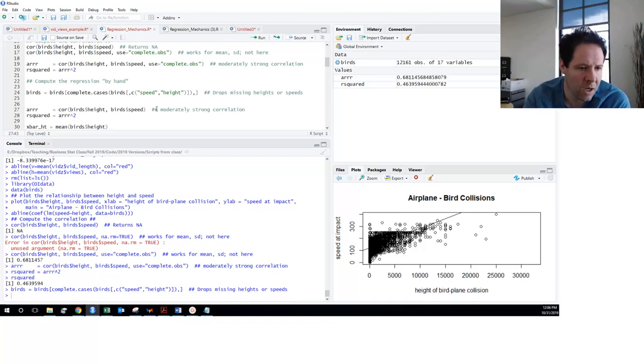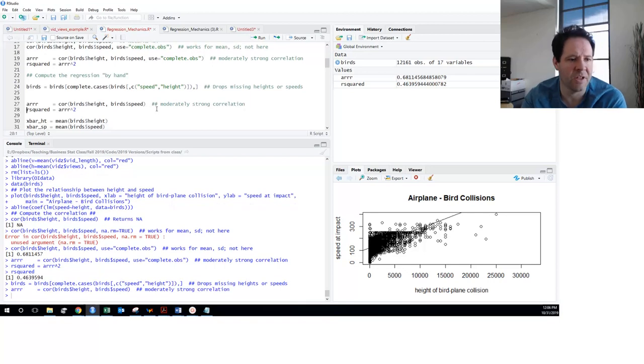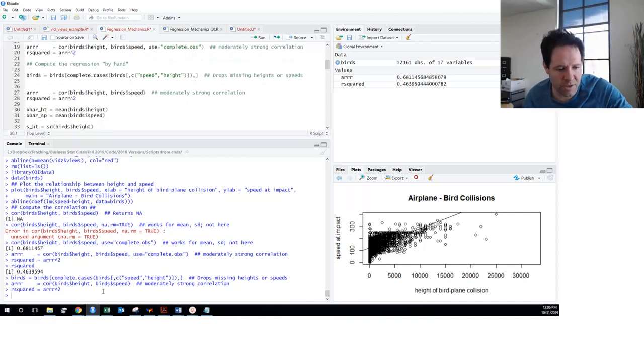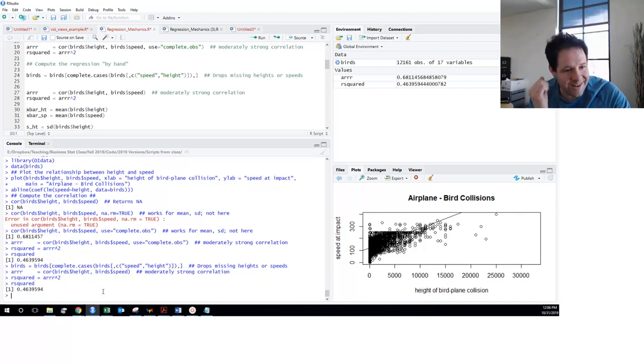Here you can compute R. I didn't want to use just the letter R because maybe that's taken, so that's our sample correlation. Here we can compute R squared, and to verify that dropping the data and computing it without use complete gives the same thing that we had before.